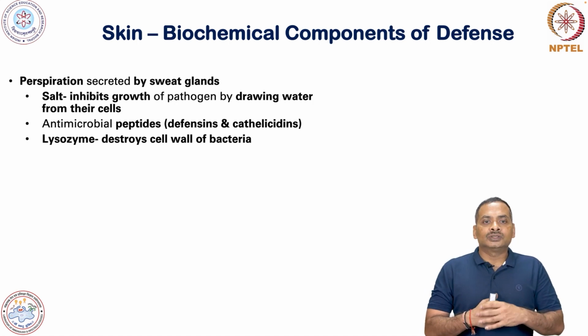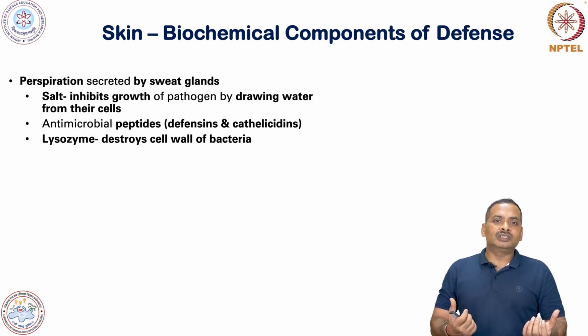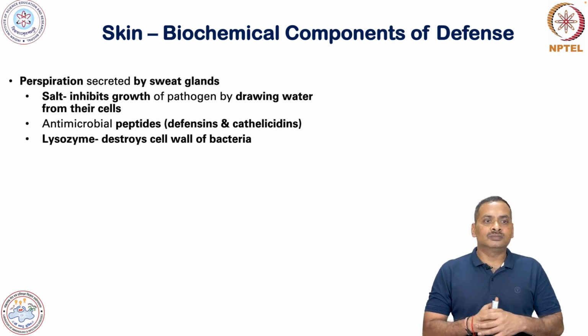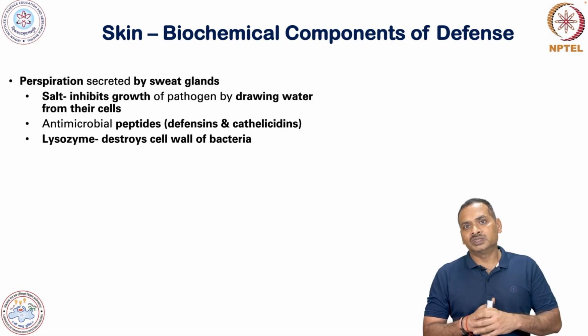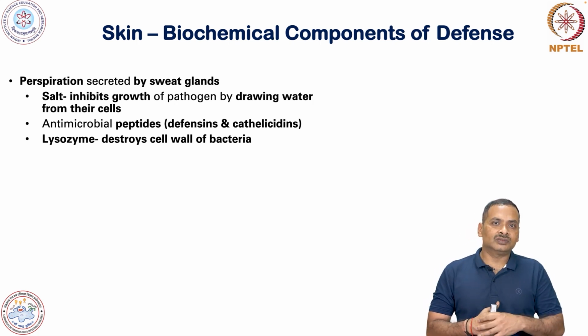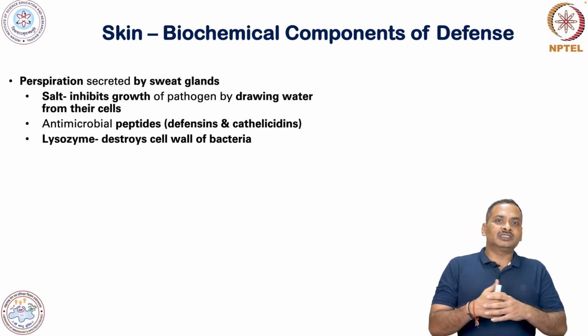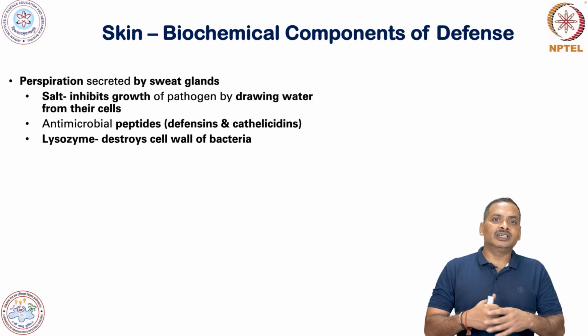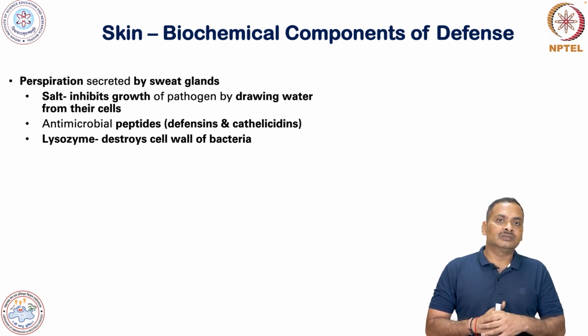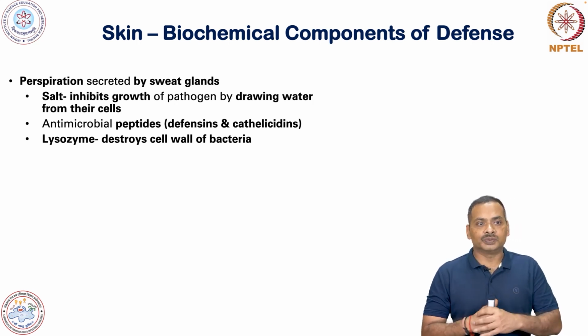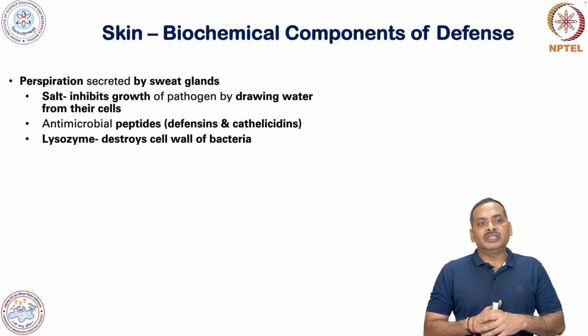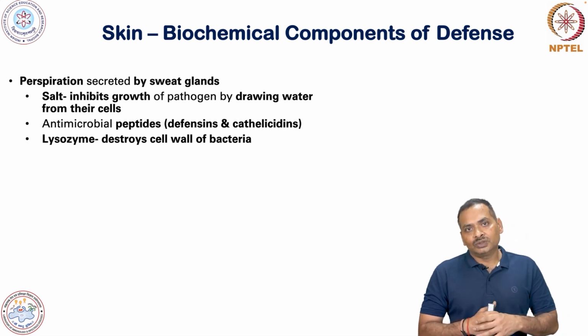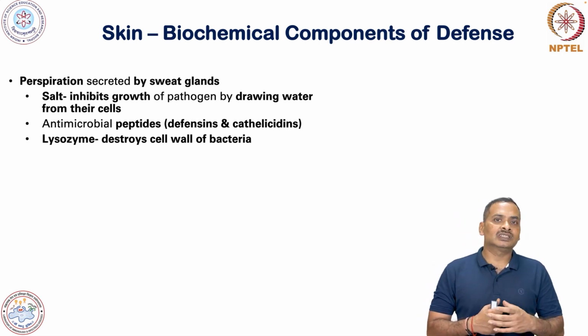So if there is more salt, then this will draw the water from microbial cells. In that way, this will also initiate some kind of killing or defending against the microbial pathogen. There is some antimicrobial peptide, as I have told you in a previous slide.